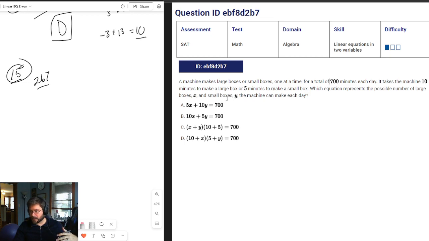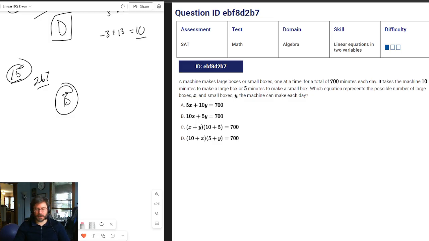Or wait, no. Large boxes is x, so 10x. Never assume. So it's going to be 10x plus 5y equals 700 if these are the number of minutes. All right, 10x plus 5y. So that's going to be B.